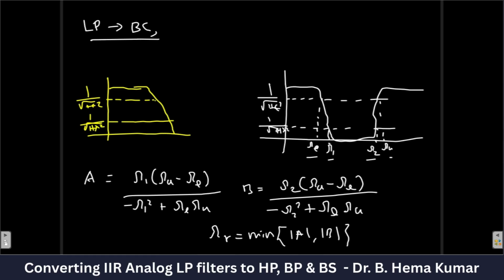This corresponds to a passband attenuation and a stop band attenuation, and this is omega R. So using these specifications, you have got omega R. Using this omega R, you have to calculate the order of the filter.